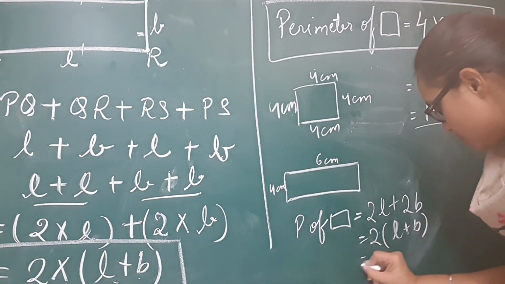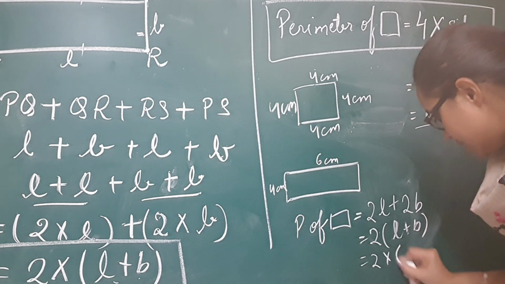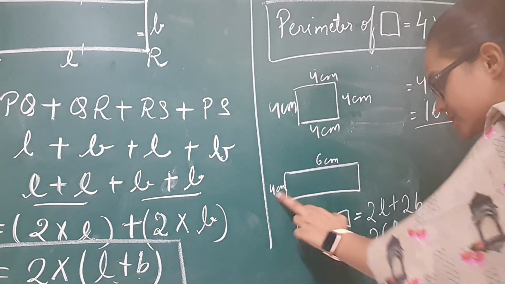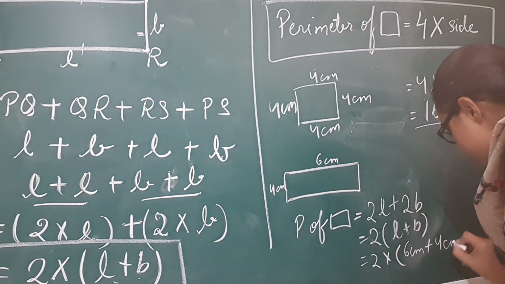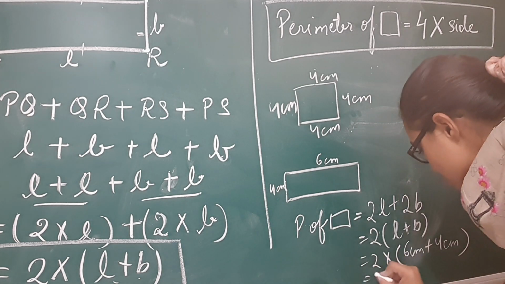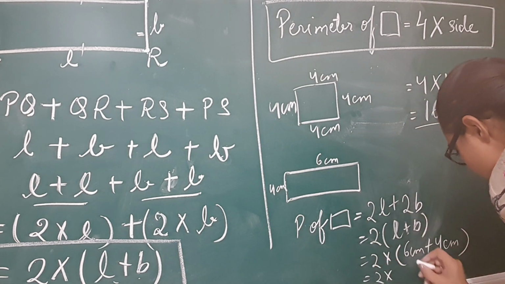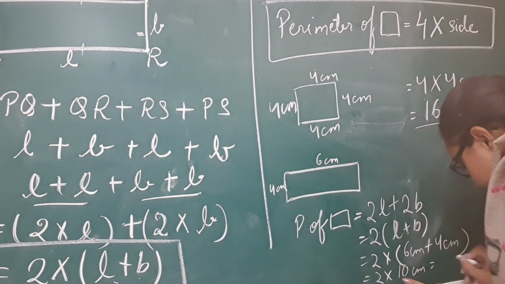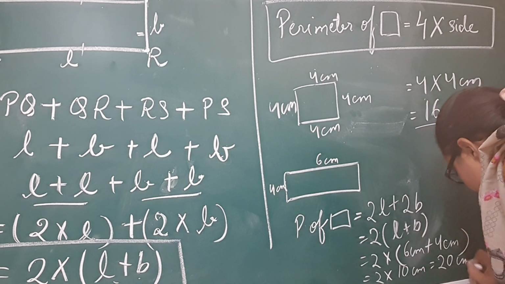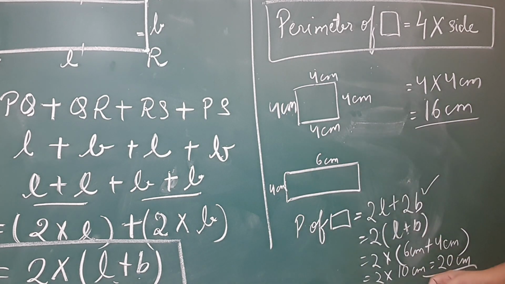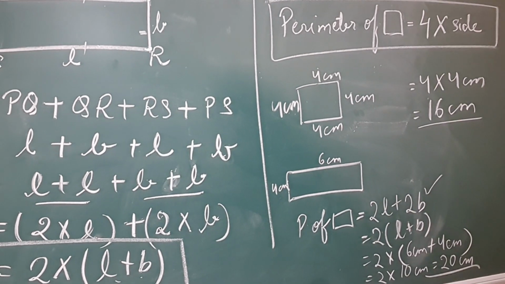Which is equal to 2 into length 6 centimeters plus 4 centimeters. So this will be equal to 2 into 10 centimeters, which is 20 centimeters. By putting in this formula, we have come to know the perimeter of the rectangle is 20 centimeters.